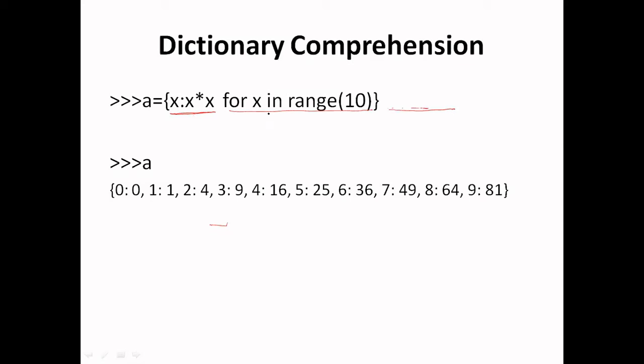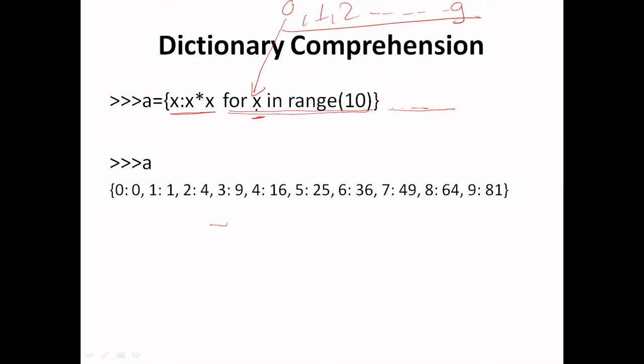So how does this work? First the input part is evaluated. So for x in range(10) will produce a sequence of 10 elements starting from 0, 1, 2 up to 9, that means 10 elements. And these elements are assigned one by one to the variable x.